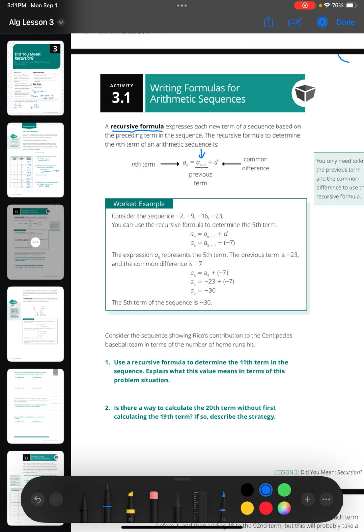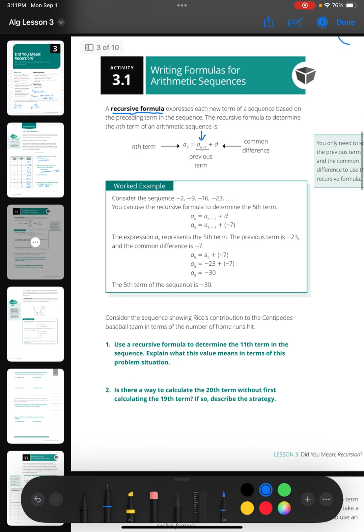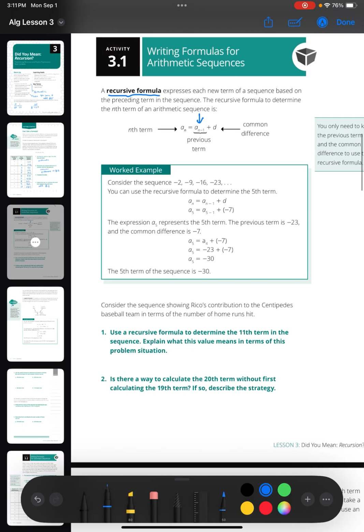When we say n minus 1, we're looking at the previous term, plus the common difference. So if we want to know the fifth term, we take the value of the fourth term, and we add the common difference to it. So in that worked example, consider the sequence -2, -9, -16, -23.